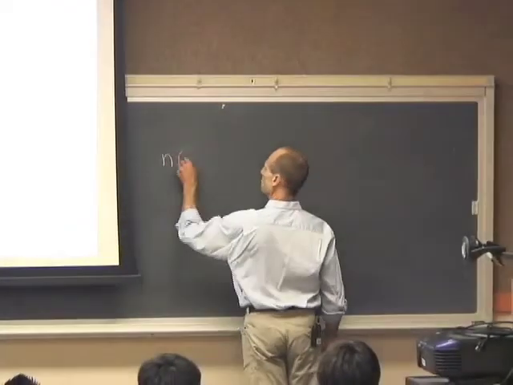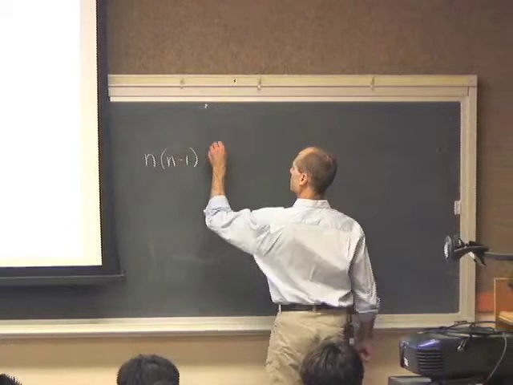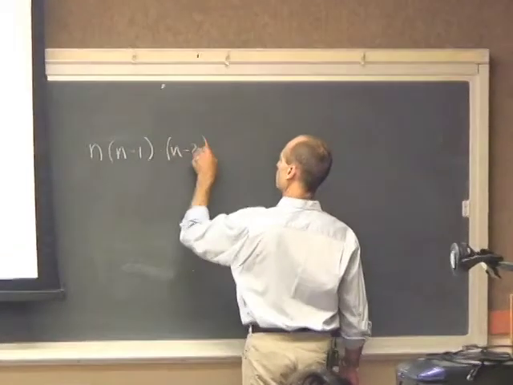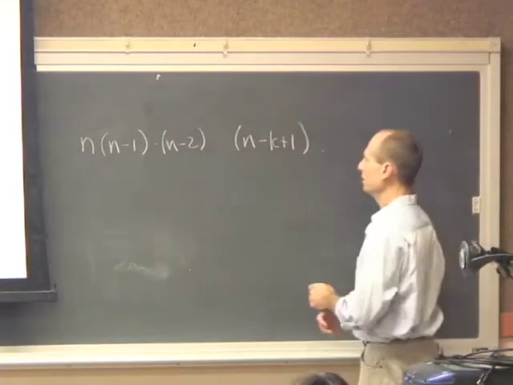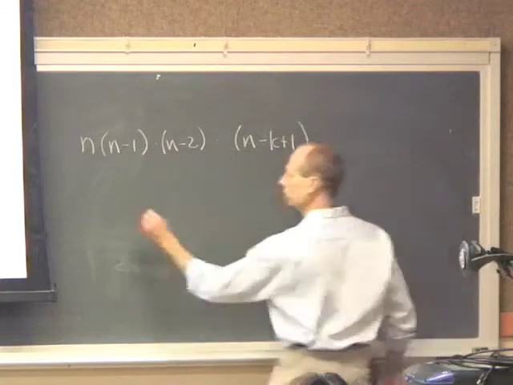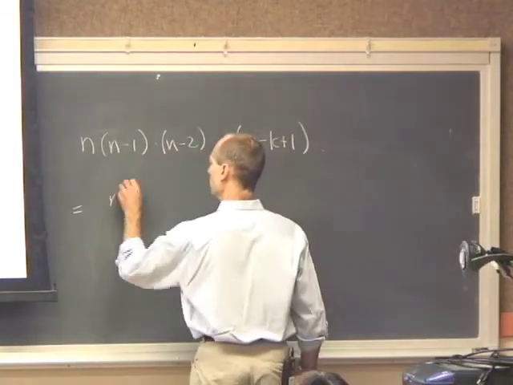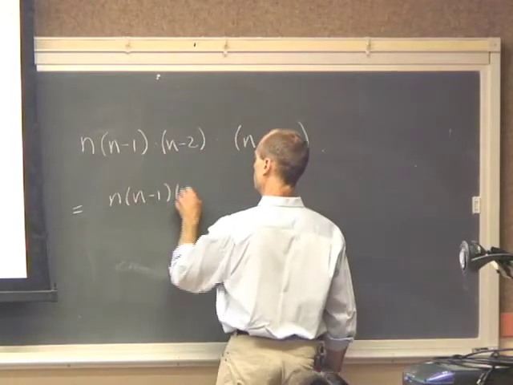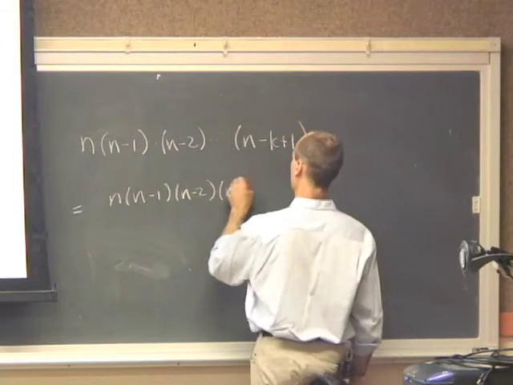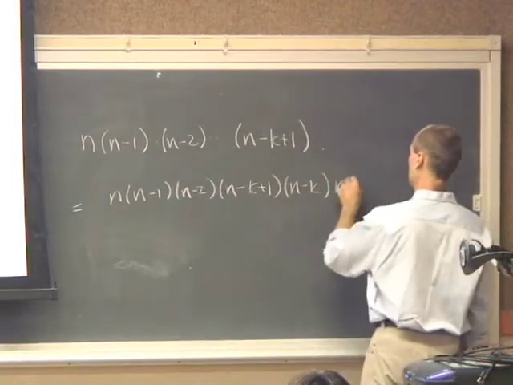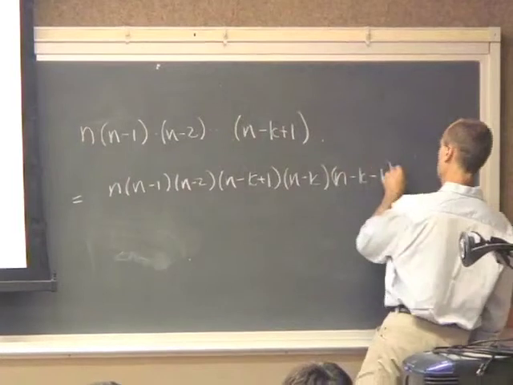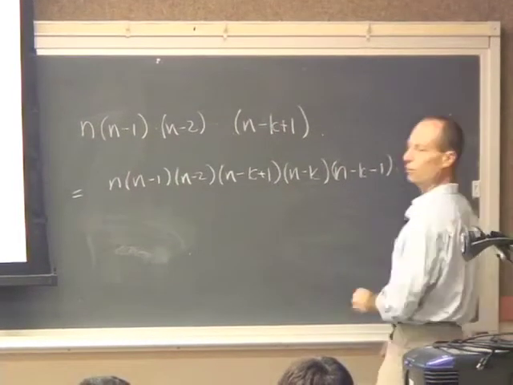So n times n minus 1 times n minus 2, up to n minus k plus 1 is actually equal to n times n minus 1 times n minus 2 times n minus k plus 1 times n minus k times n minus k minus 1, on down to 1, right?